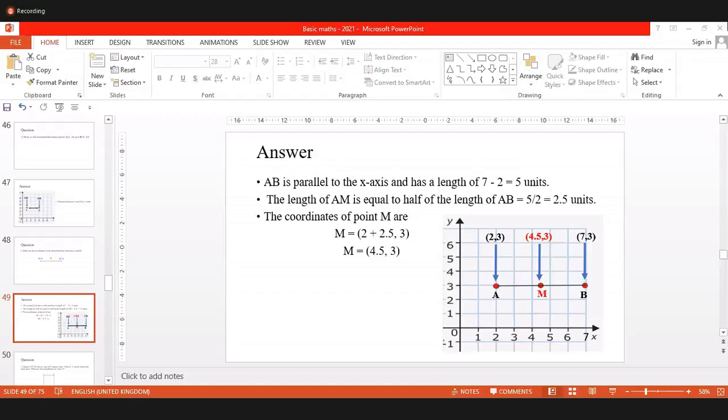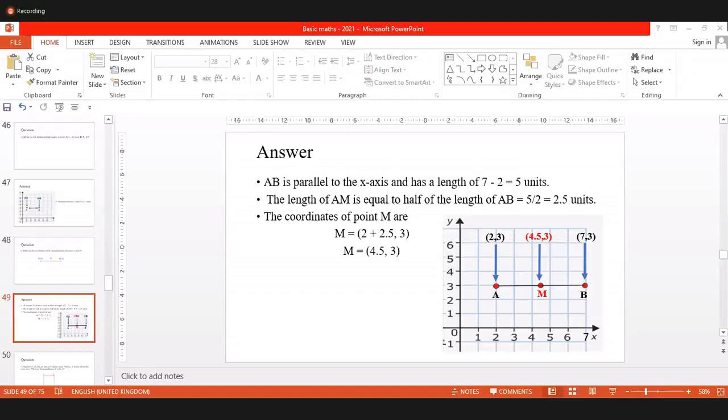And we have 3 as a similar value in the Y value. So 3 will be the same value as the Y value in the M point also.